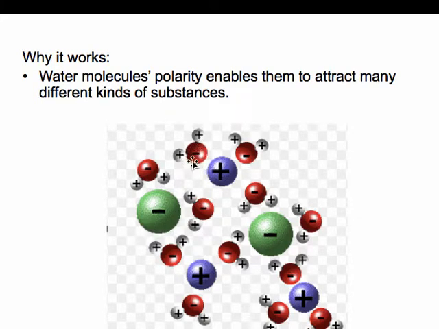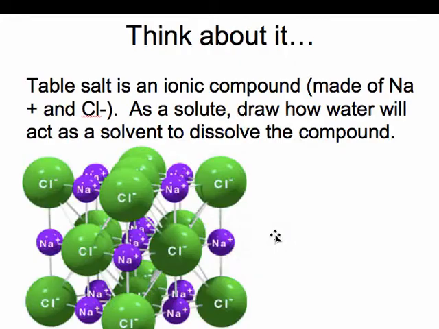Here you can see the negative side of the water is attracted to a positively charged molecule, and the positive sides of water are attracted to other electronegative molecules. Because of its polarity, water is able to attract many different kinds of substances.